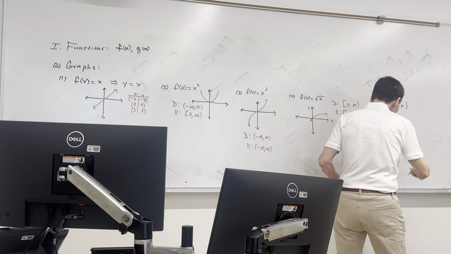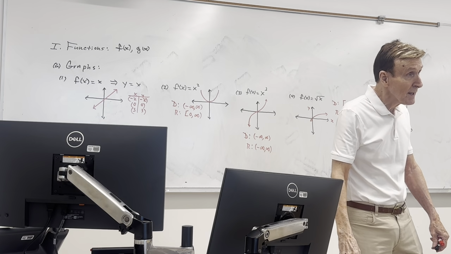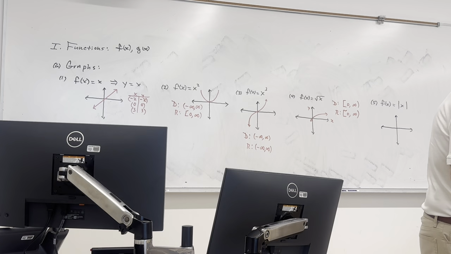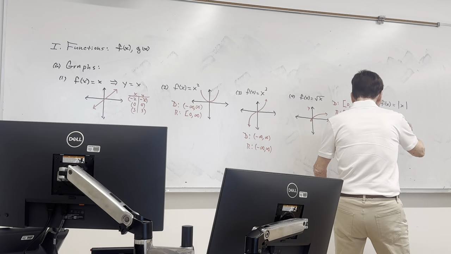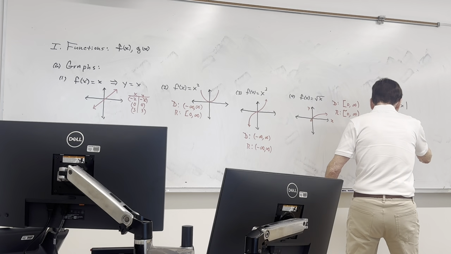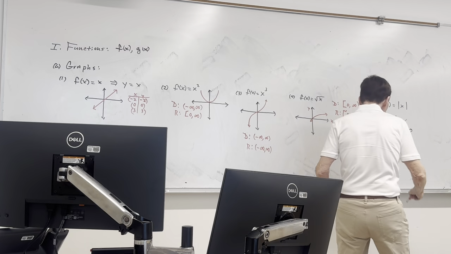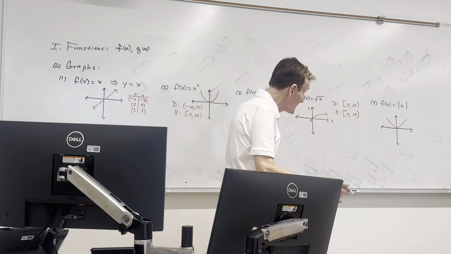does anyone think they remember what the absolute value of x looks like as a graph? Katie? Is it like a V? It is. It's a V shape. Like that. And there's your graph. And you can actually plot points to get it.